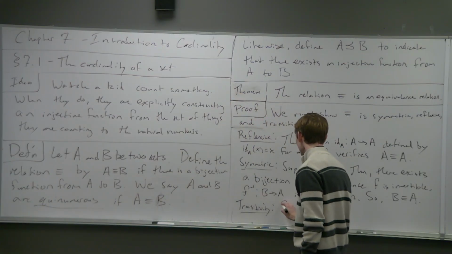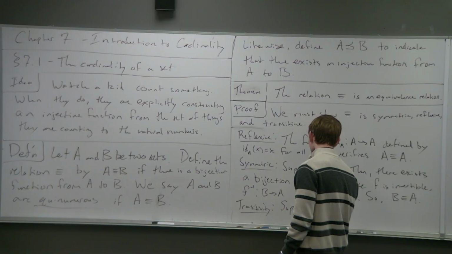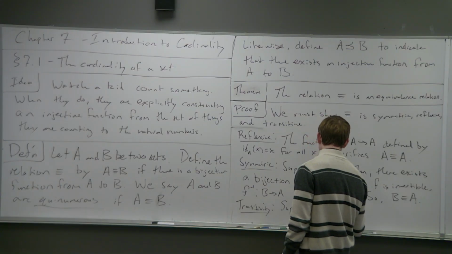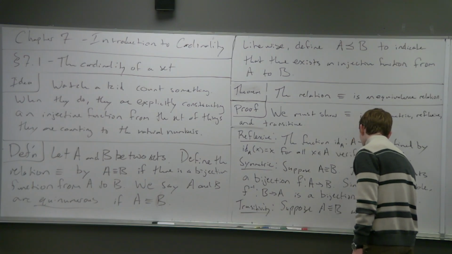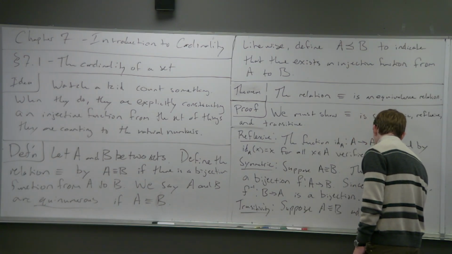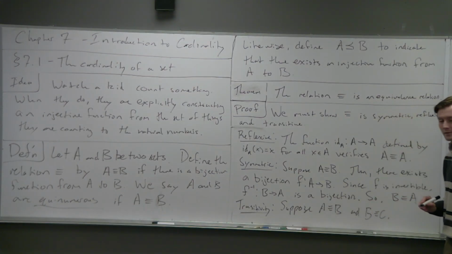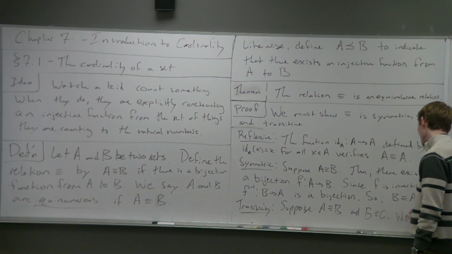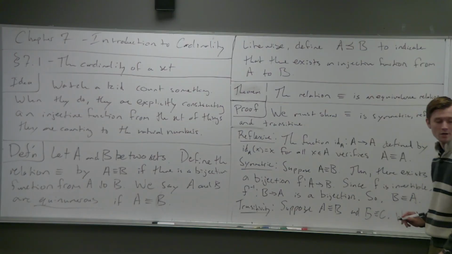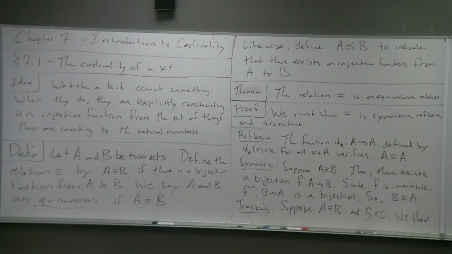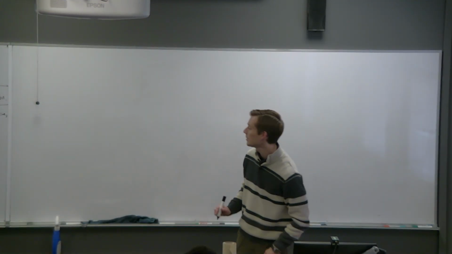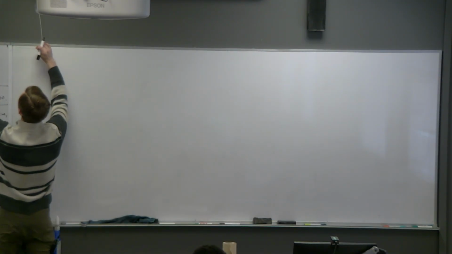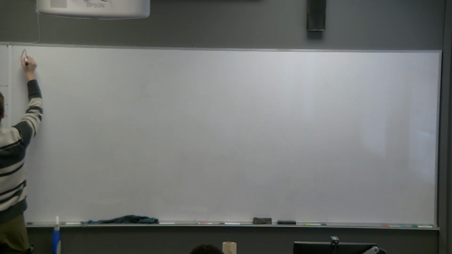Transitivity. Suppose A and B are equinumerous and B and C are equinumerous. We will show that A and C are equinumerous. I will jump to the next board now.